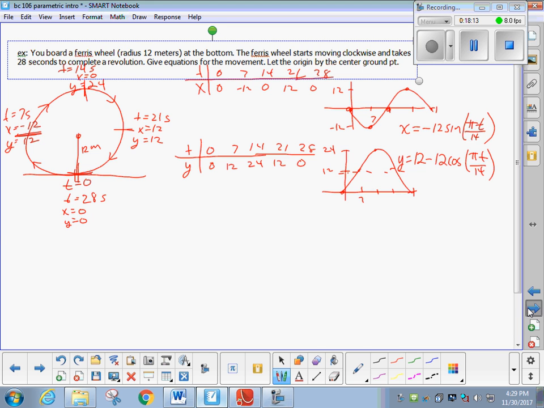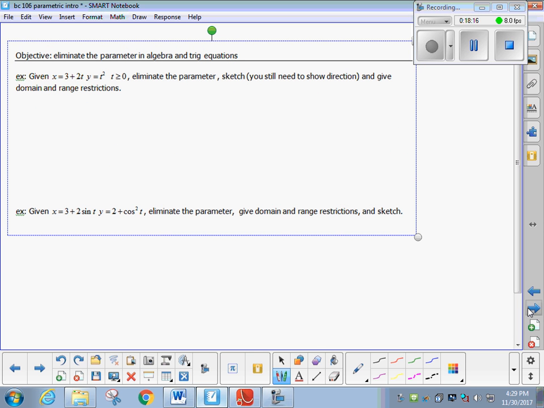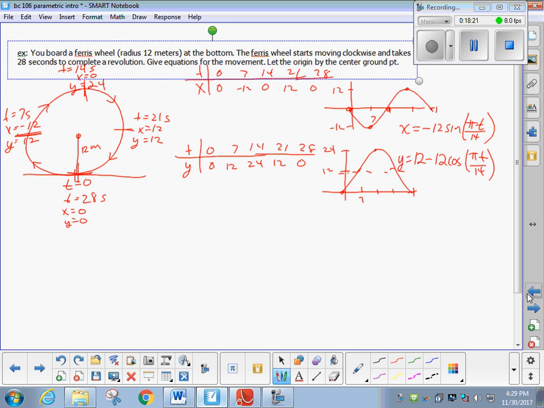All right, so it's sometimes the case that you want to graph the movement a little more quickly. I can graph these by making a table and figuring out the path, but it takes a while. It's much easier sometimes to graph the path if you have x and y related directly, and you eliminate the parameter of time.